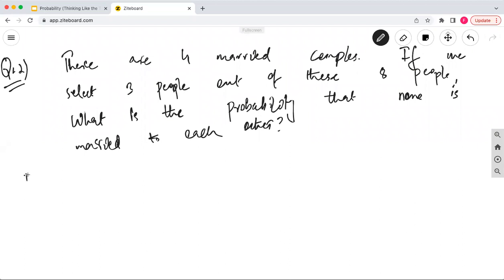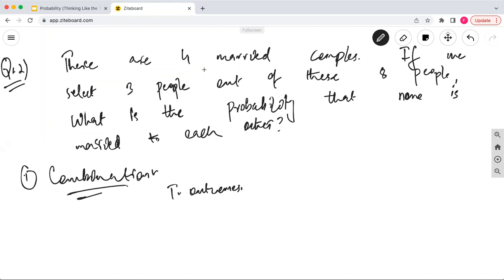For the first method, let's use the combination method here. So how can we do this? For combination, what are the total outcomes? From 8, we are selecting 3, right? These are the total. And what are the favorable outcomes?